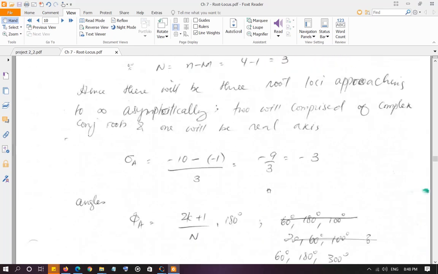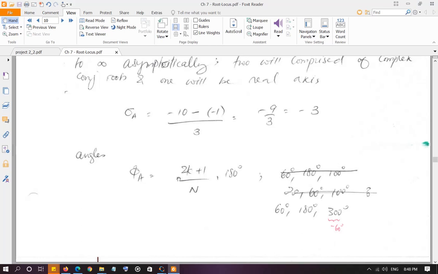What will be the angles of asymptote? 2k plus 1 over n times 180, and since we have 3 asymptotes, or n is equal to 3, then k value is going to be 0, 1, and 2. So when k is equal to 0, it's going to be 1 over n times 180, n is 3, that means 60 degrees. When k is 1, we have 3 over 3 times 180, 180 degrees.